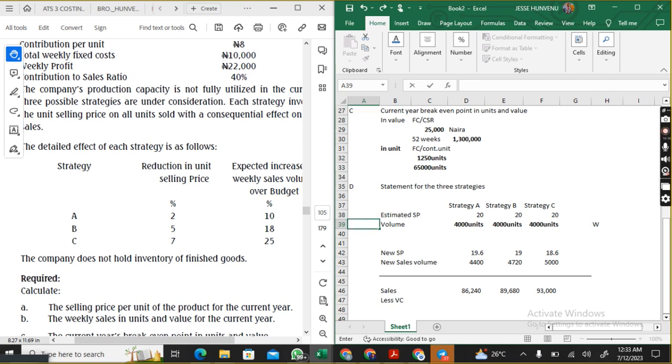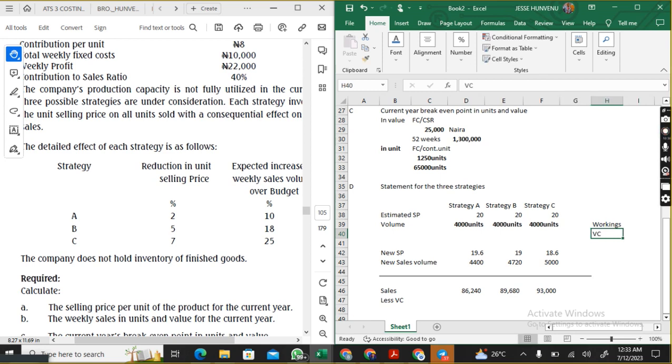Our variable cost now is equal to what? How do we get that?